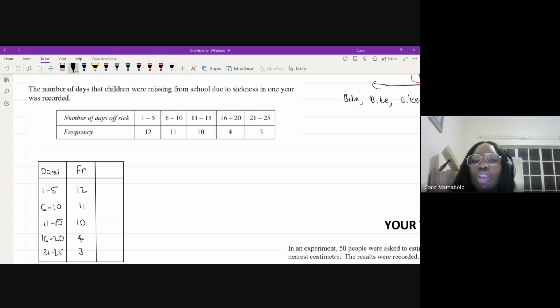So let's start with the modal interval, because it's not going to be just the mode. It's going to be the modal interval, and we want the median interval. Let's start with the easy one. What is the modal interval?